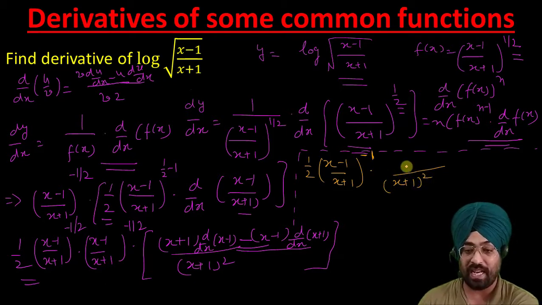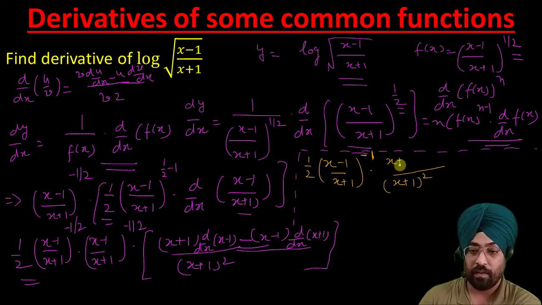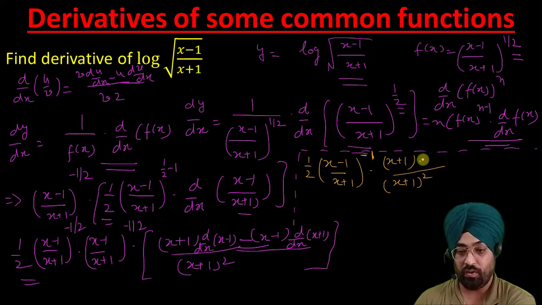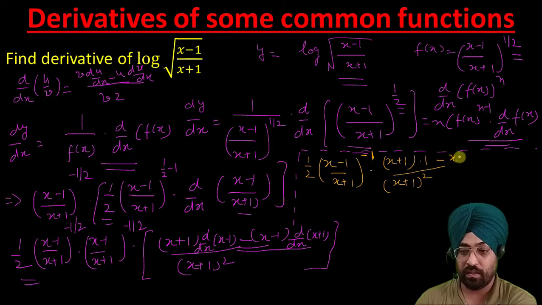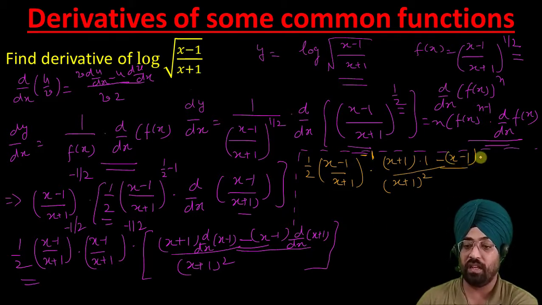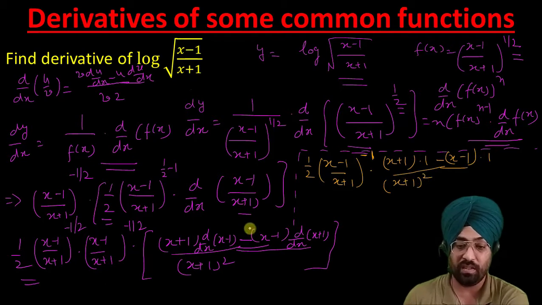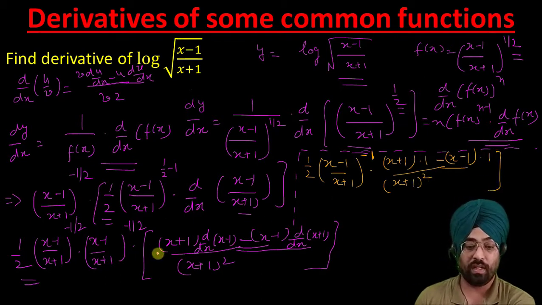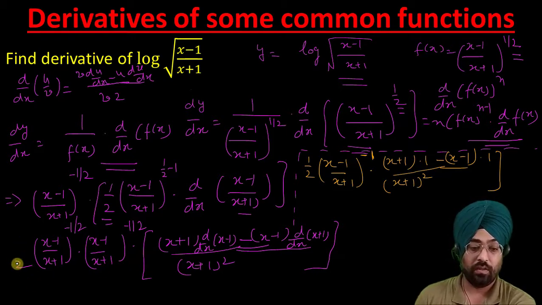So it can be written as x plus 1 into derivative of x minus 1, which is 1, minus (x minus 1) into derivative of x plus 1, which is also 1, because the derivative of 1 is 0. So I can erase this so that we can use this space. Just give me a minute.